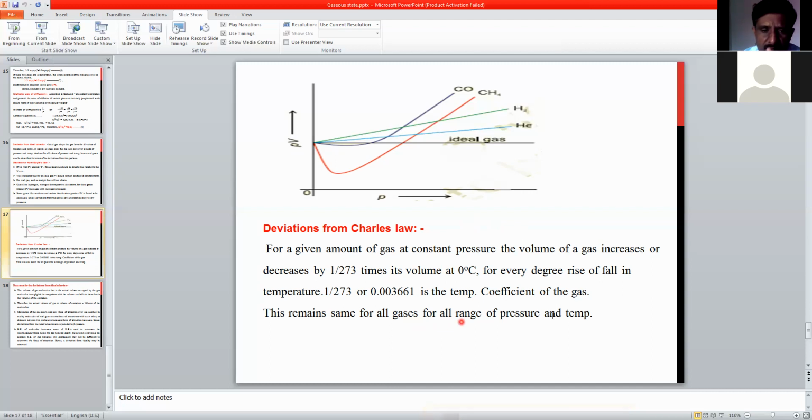It means for all ranges of pressure and temperature, the gas increases or decreases its volume by 1 upon 273 of its volume at 0 degrees centigrade for every degree rise or fall in temperature.